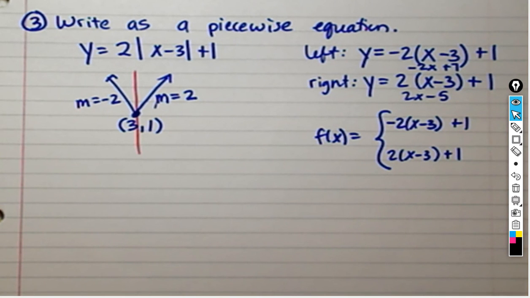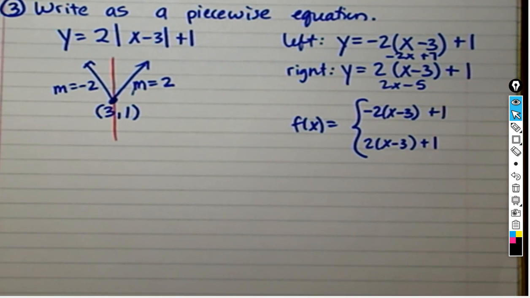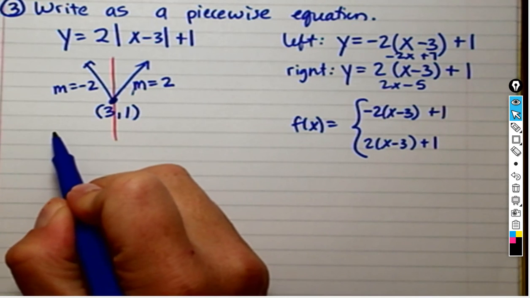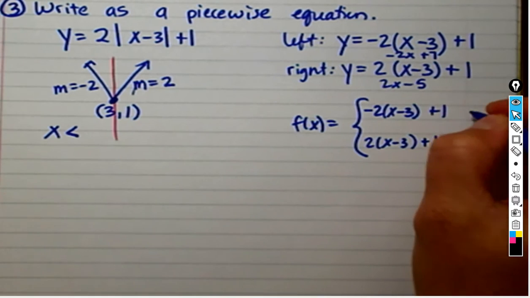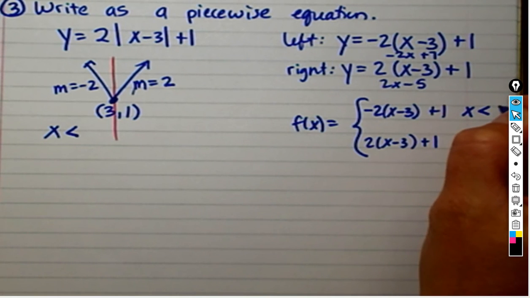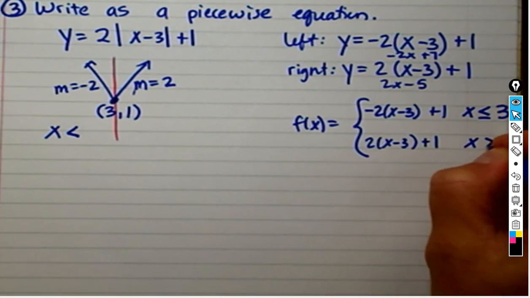Okay. Domain. Who can give me a domain for the left side? Wait, we'll go Sydney because you just answered. X is less than or equal to 3, and you can choose to make it or equal to either one. I just chose to make it less than or equal. Yes. Okay. For the right side? Yes, Sasha? Okay.